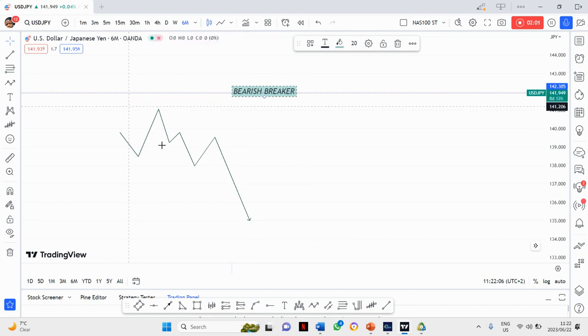So how do you take this trade? Or how do you know where the entry is, or how do you spot entries? As simple as if you are using the horizontal lines, we can say that this is how it happens.